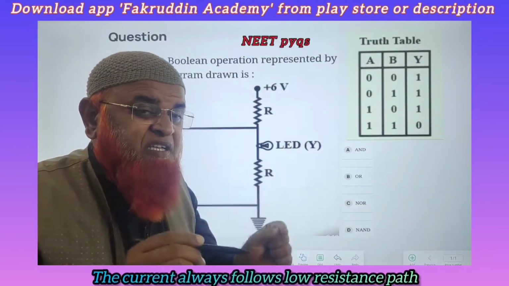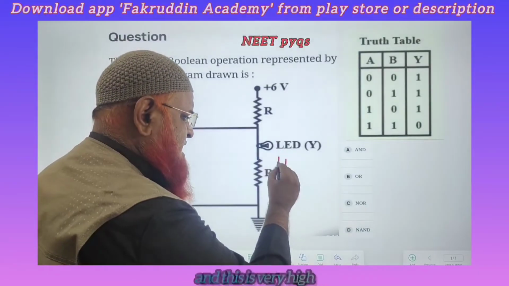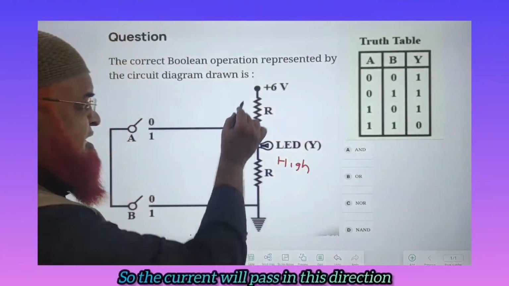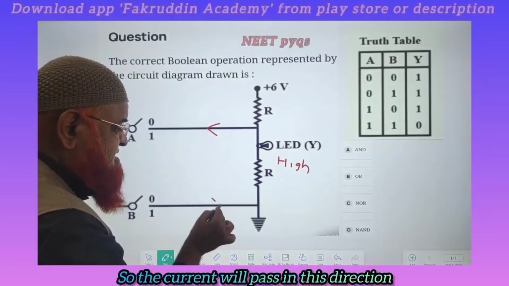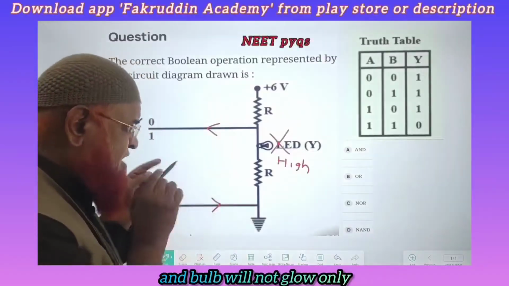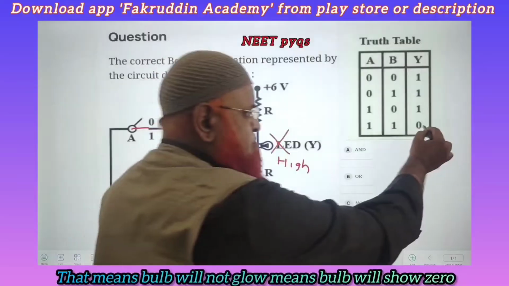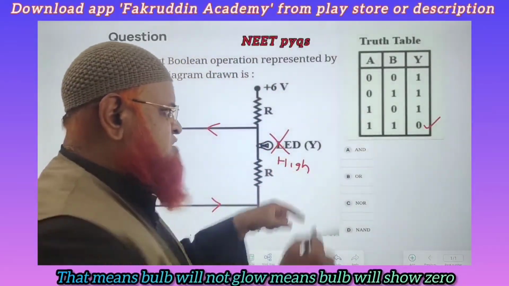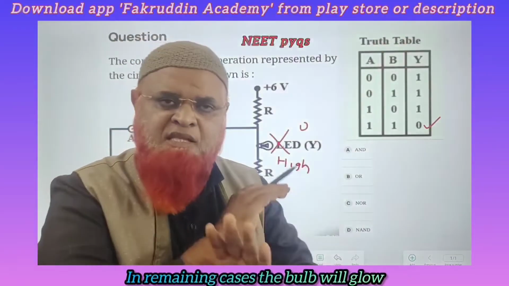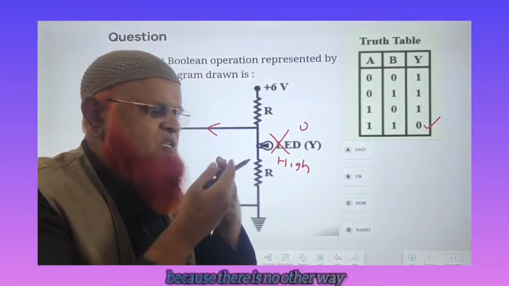The current always follows the low resistance path and the bulb is having very high resistance, so the current will pass in this direction and the bulb will not glow only when both the switches are closed. That means the bulb will show 0 when both are closed. In remaining cases the bulb will glow because any one is open. The current has to pass through the bulb because there is no other way.